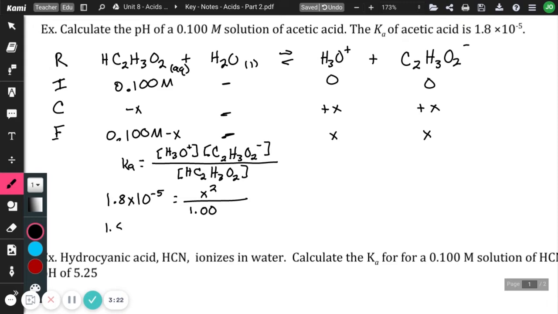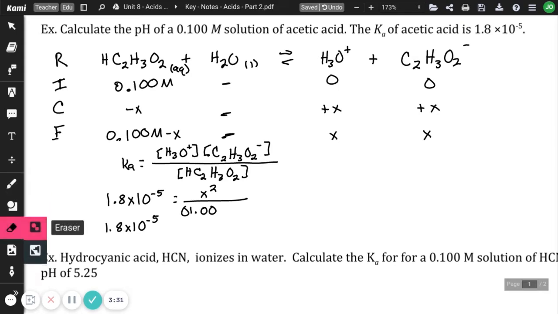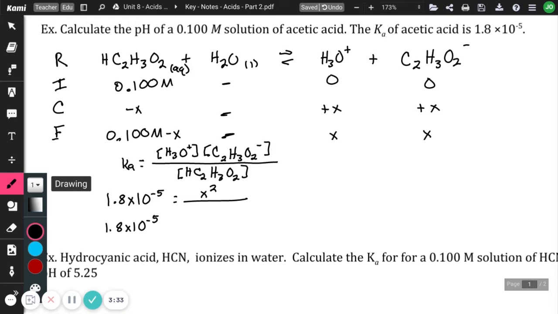So 1.8 times 10 to the negative 5. Sorry, this should be 0.100, so then times 0.100 equals x squared. And then we're going to square root both sides.